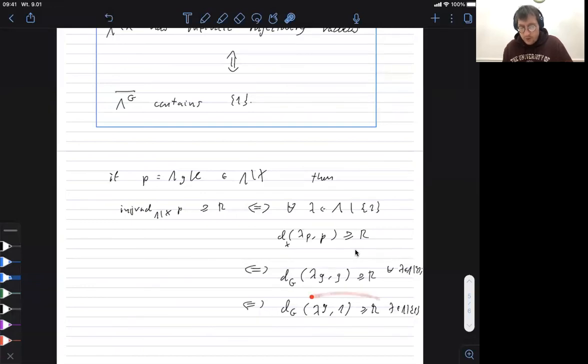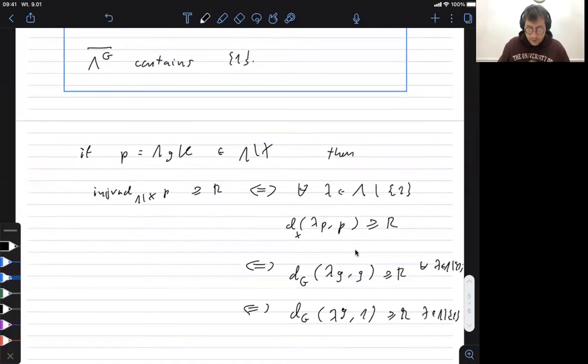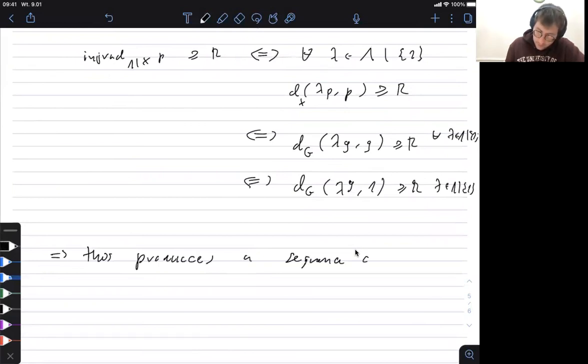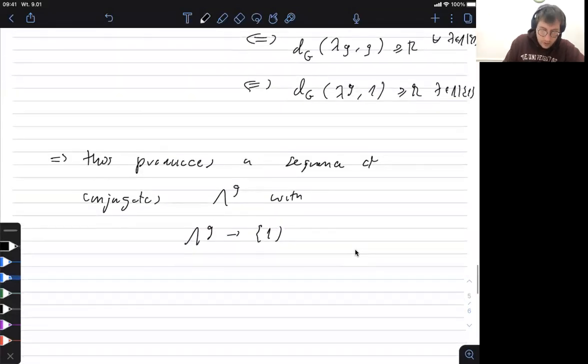Therefore we can translate it back into a statement about subgroups. This produces a sequence of conjugates of Lambda by g which tend to the trivial subgroup in the Chabauty topology.